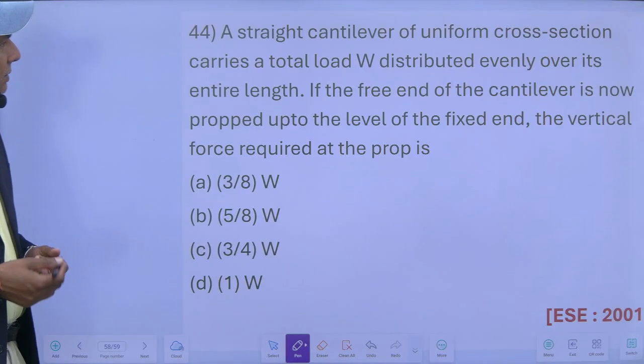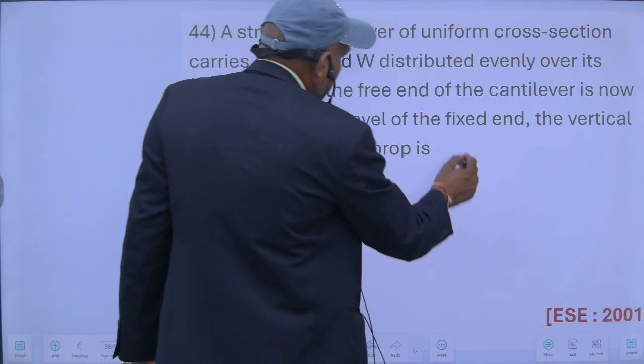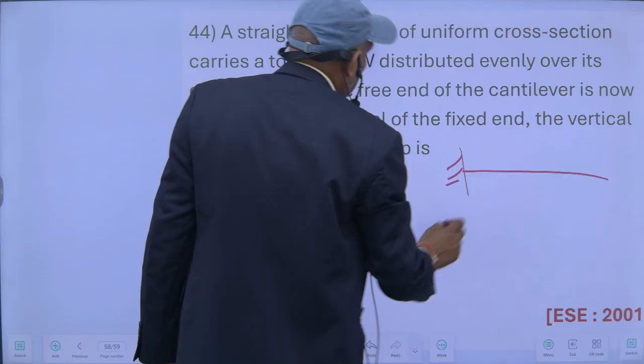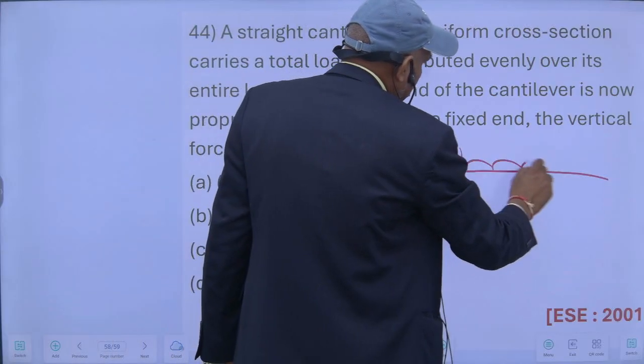A straight cantilever of uniform cross section carries a total load. This is the UDL.